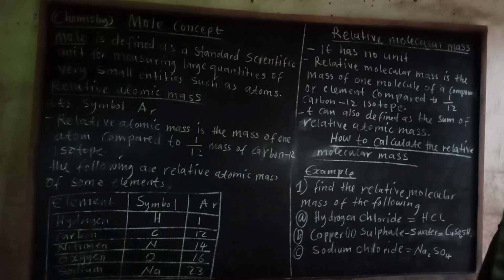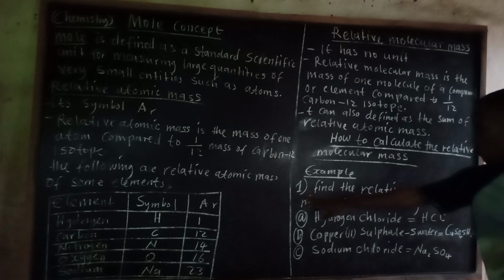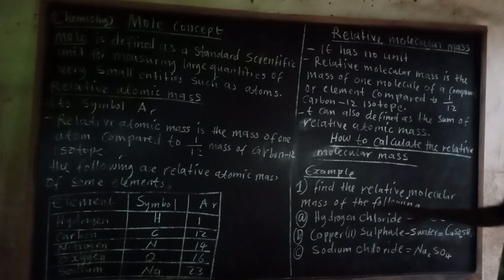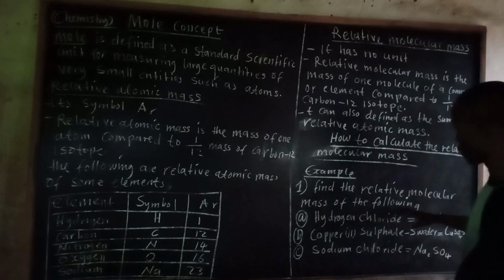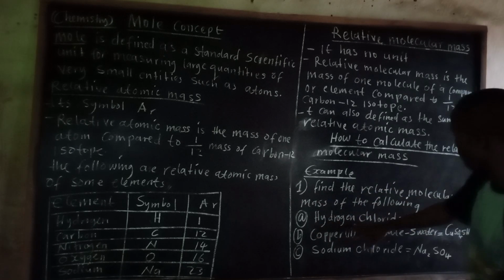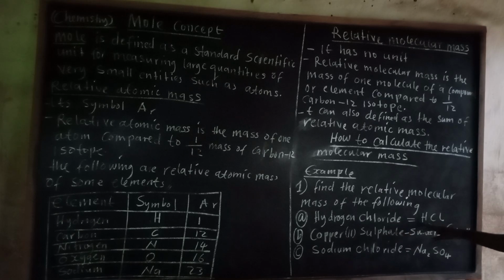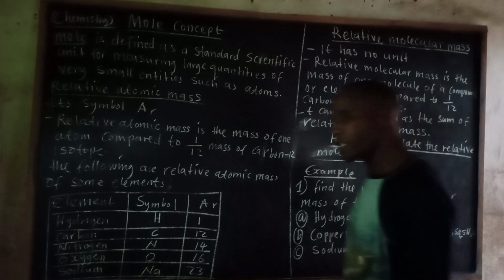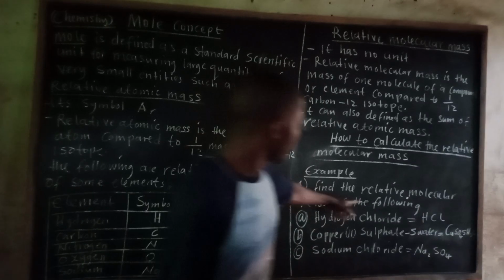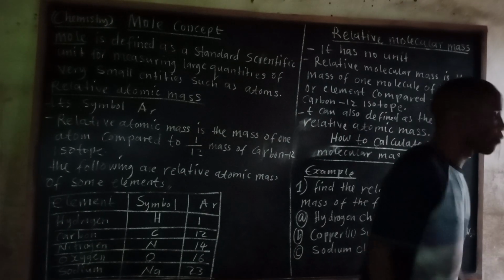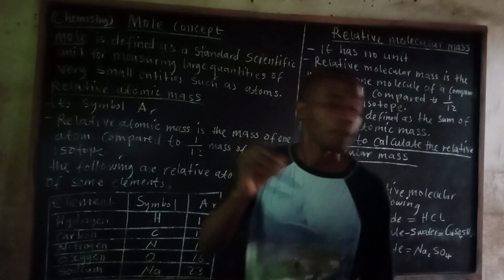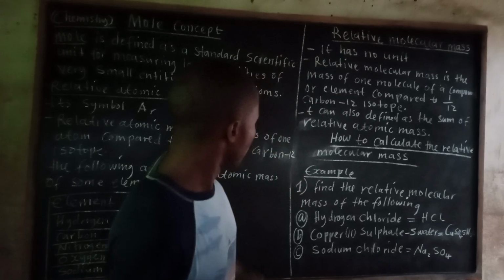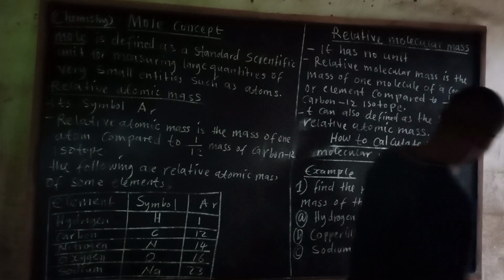These are some of the examples that we have here. The first question says find the relative molecular mass of the following. A, we have hydrogen chloride. The chemical formula for this compound or molecule is HCl. H for hydrogen, then Cl for chlorine, because it is hydrogen chloride.